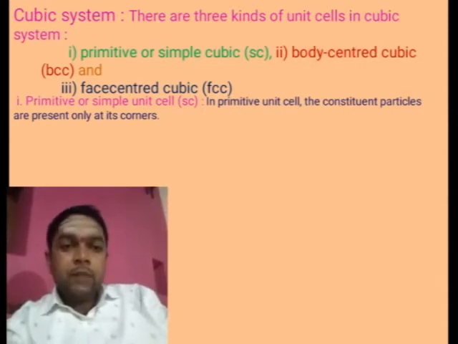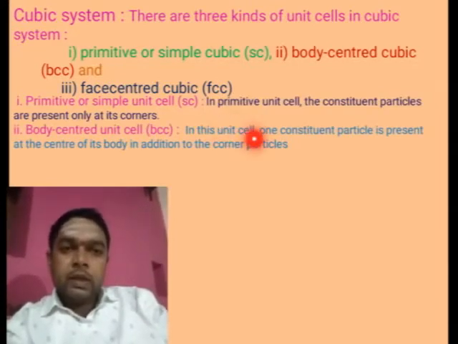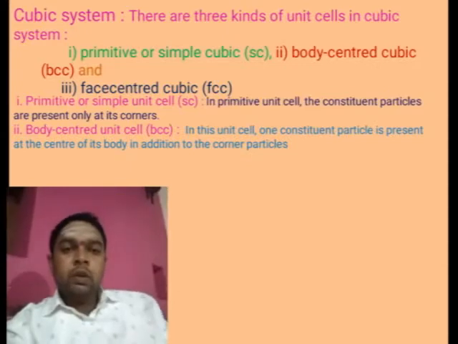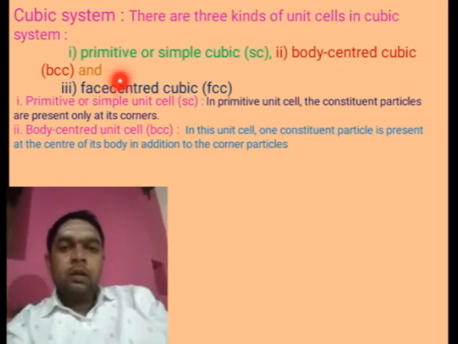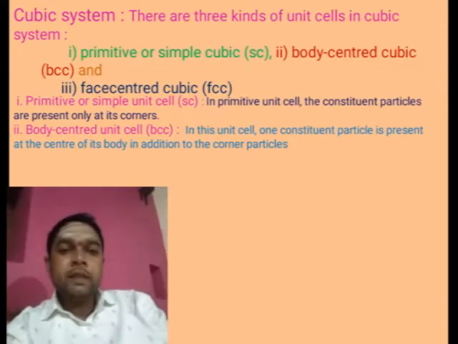Body-centered means one particle is present in its body, and also the 8 corners have constituent particles. That is, in this unit cell, one constituent particle is present at the center of the body, in addition to the corner particles. Next one is the face-centered cubic, also called FCC.